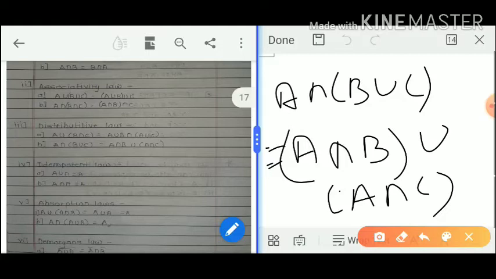So by using this law, we can write this statement as this statement.